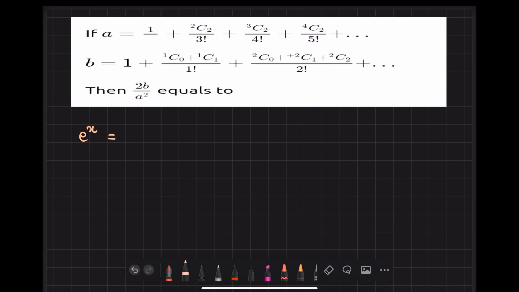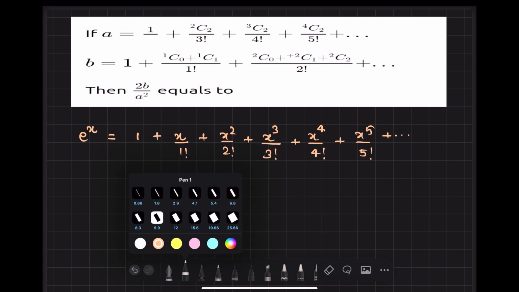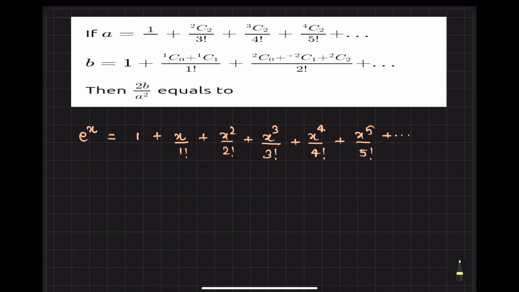We have studied the expansion of e power x in the limit chapter, where we have studied that it is 1 plus x by 1 factorial, x square by 2 factorial, x cube by 3 factorial, x power 4 by 4 factorial, x power 5 by 5 factorial, and so on. Correct?